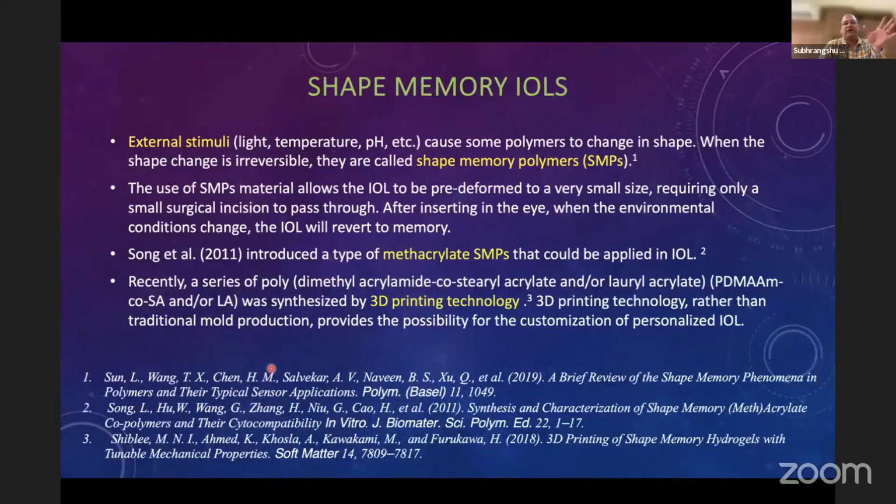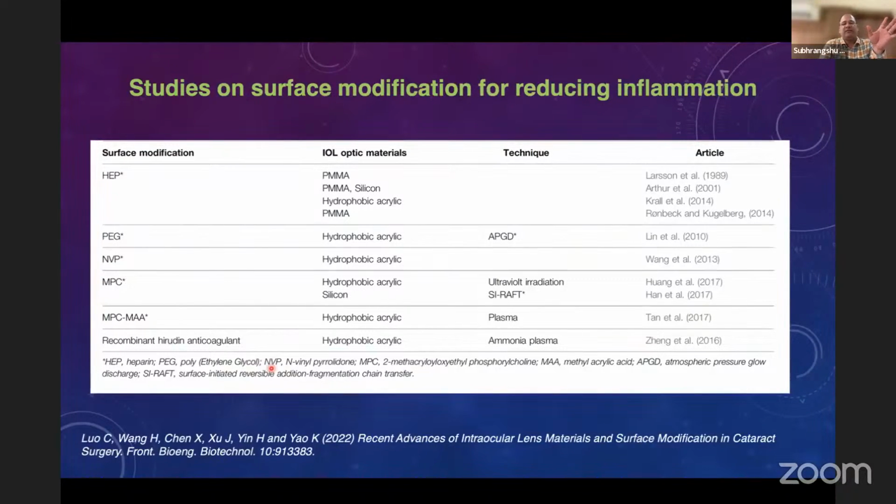Then also shape memory IOLs were developed. Now I have just included 2 or 3 slides wherein a few studies have been shown which looked at surface modification by various materials, like for example heparin, polyethylene glycol, and so forth.